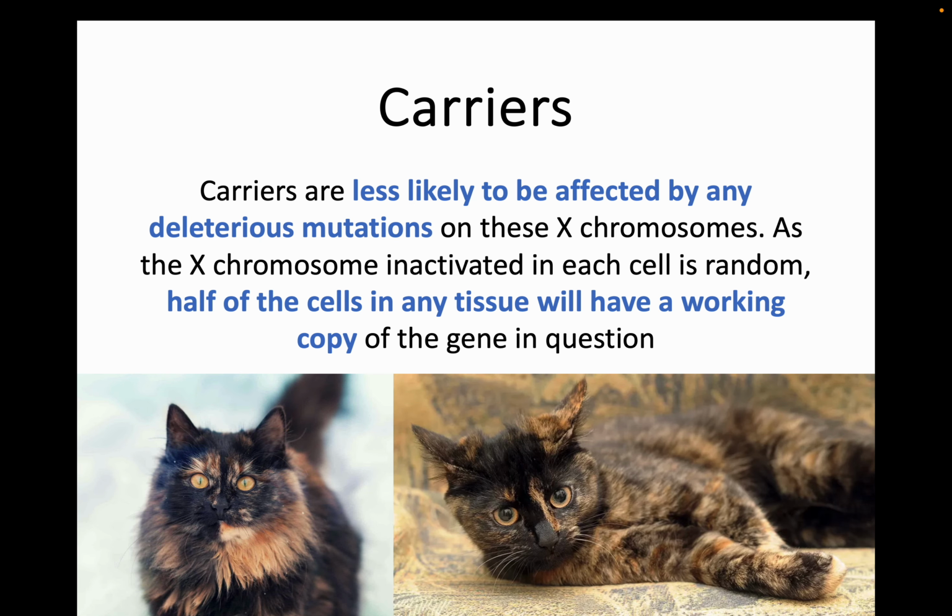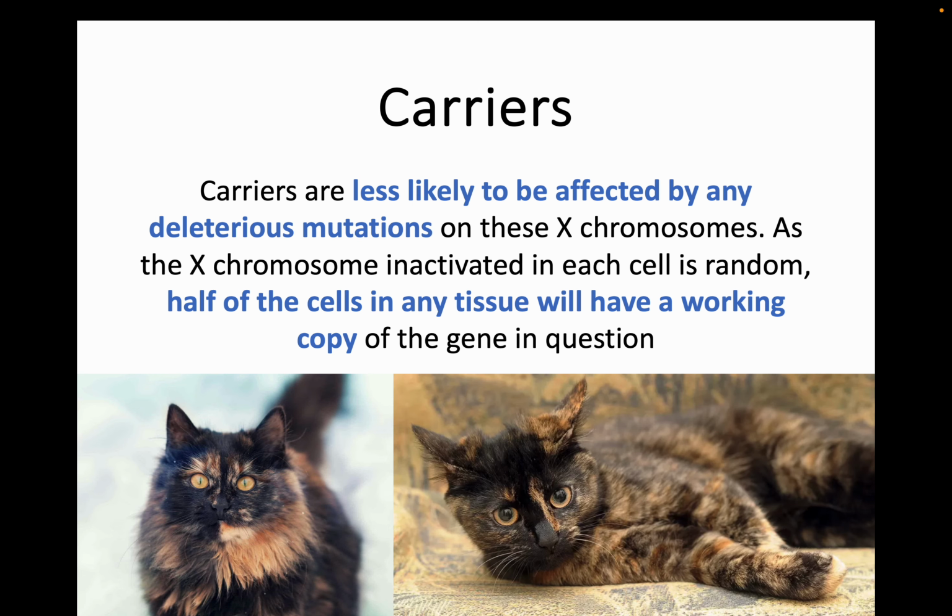So because in each cell it is random, half of the cells in any tissue will have a working copy of the gene in question. So that's good, and that's why it's less likely for females to be affected by these, because essentially in heterogametic males with XY, if you have a dodgy X chromosome, that's the only X chromosome you have, and you're going to be producing that gene, producing that protein that's going to have some sort of deleterious product for you.